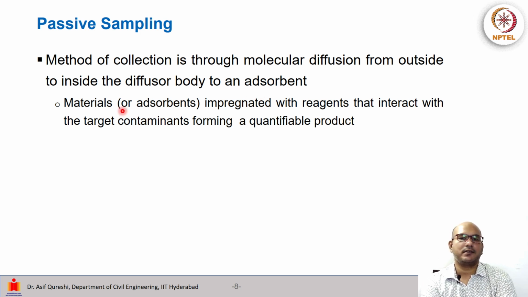These materials or adsorbents are generally impregnated with some reagents that can interact with the target contaminants, and then form a quantifiable product. The contaminants get attached to this adsorbent, and later we can dissolve them from the adsorbent and have them analyzed in the lab.